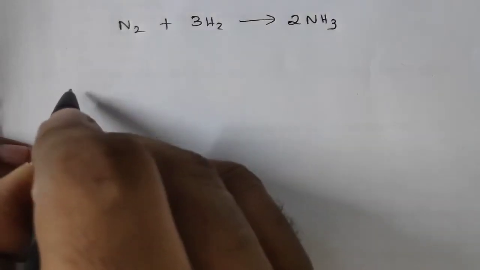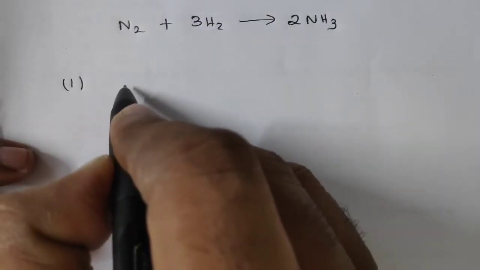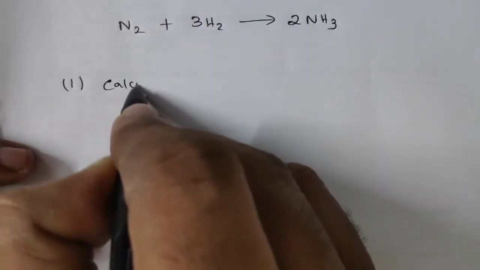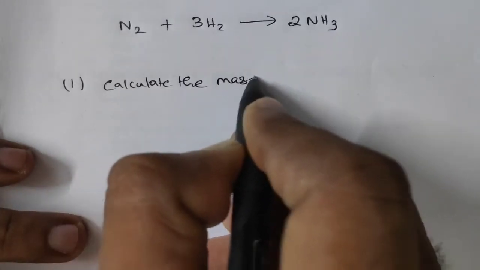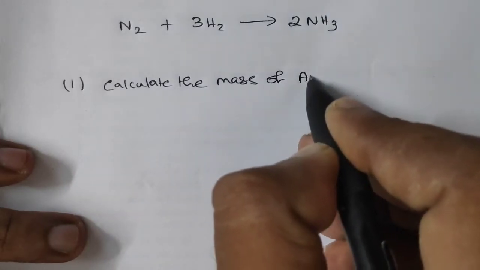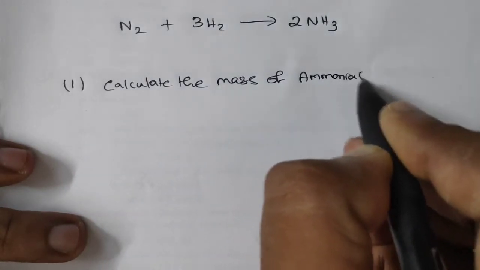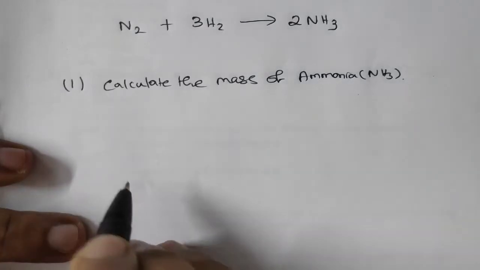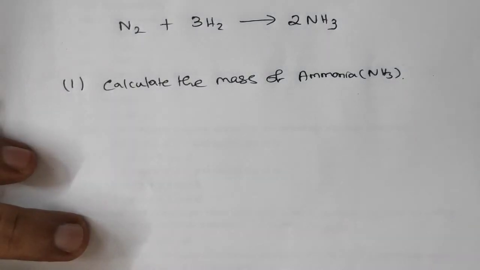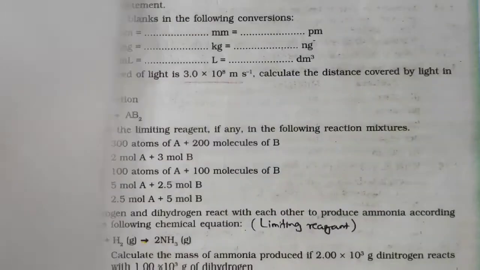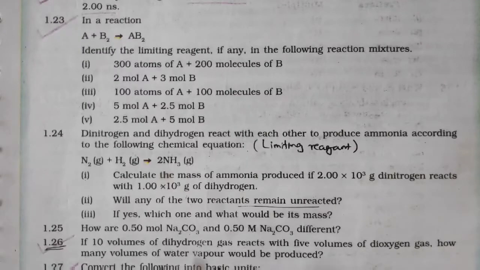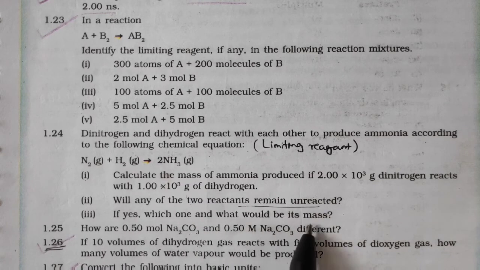The first question is: calculate the mass of ammonia. Ammonia means NH3, and for this you have to calculate the mass. The second question is: will any of the two reactants remain unreacted? From the limiting reagent, if yes, which one and what would be its mass?